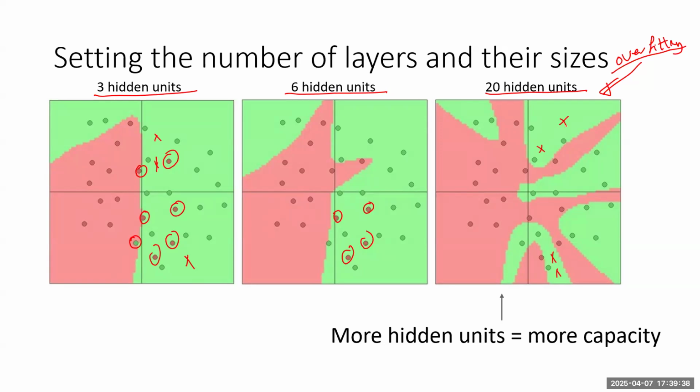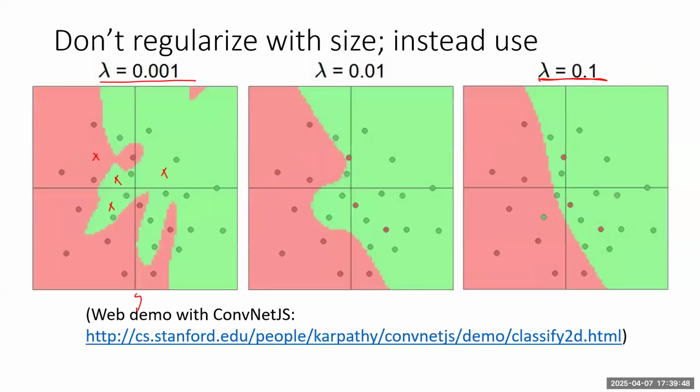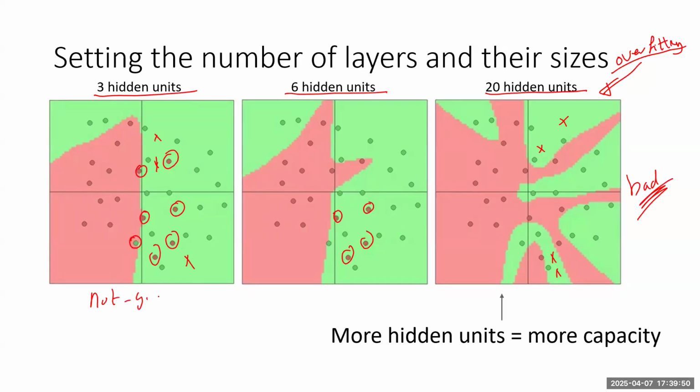So this is a bad case. This is not good, but also the first one is not good, because it is too simple. This is the intermediate, which is considered to be good.